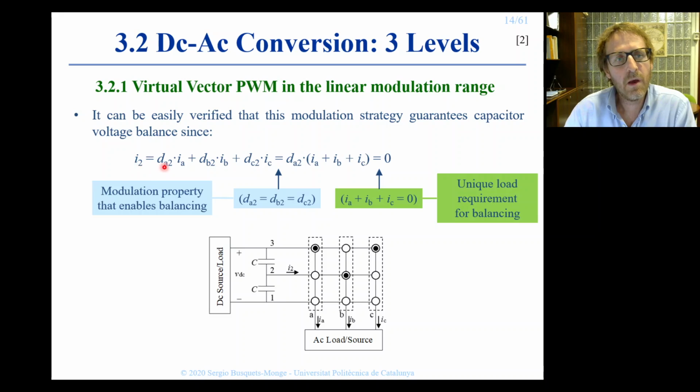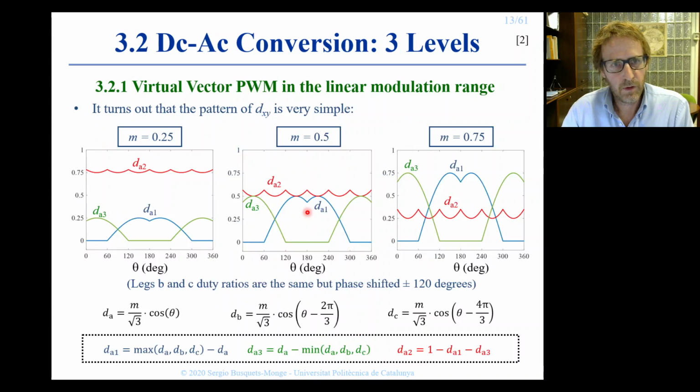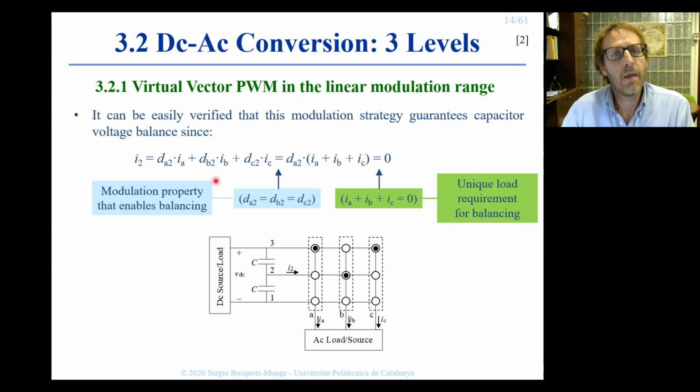The neutral point current will be the contribution of leg A plus the contribution of leg B plus the contribution of leg C. And since the modulation strategy forces dA2, dB2, and dC2 to be equal, because when we phase shift this waveform 120 degrees we get exactly the same waveform, we can take common factor dA2, multiplied by the addition of the three-phase currents, which is equal to 0 because the load has an isolated neutral.